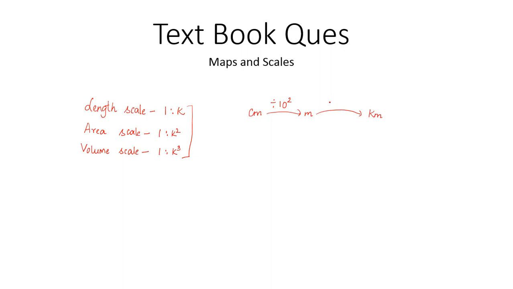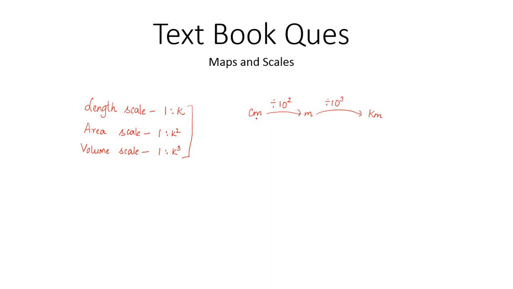Similarly, while converting meter to kilometer, we divide by 10 raised to the power of 3. Since we are talking about maps and scales, we are actually going to be limiting ourselves only to the length scale and the area scale. The volume scale will come in later when this is connected with geometry and you learn how to create models out of the lengths which are given.